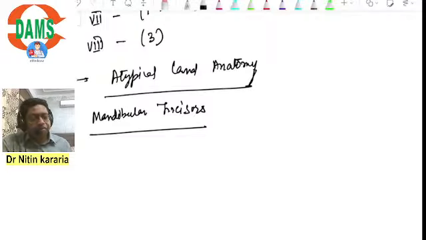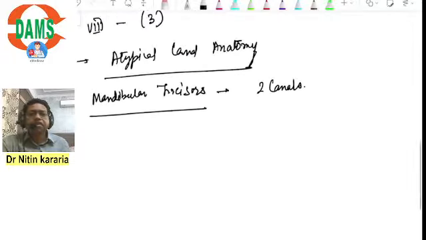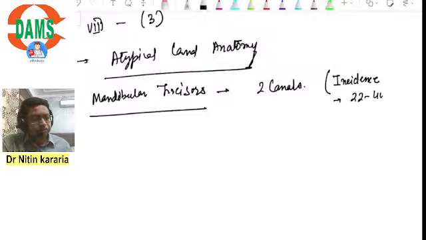In mandibular incisors there is an atypical canal anatomy of two canals instead of one. Numerous times they have asked about the incidence of two canals in mandibular incisors. The incidence would be in the range of 22 to 40%, a comparatively high incidence of two canals.